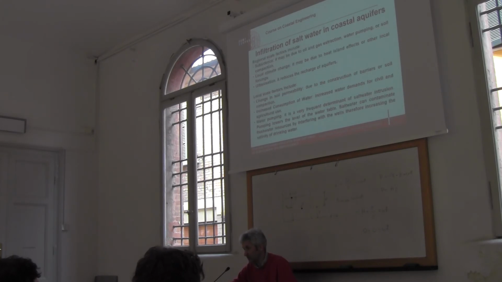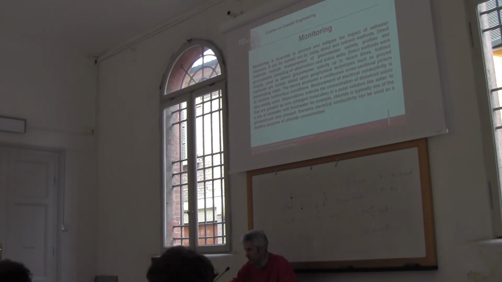So these are the factors: subsidence, local climate change, urbanization, change in soil permeability due to urbanization, or increased consumption of water pumping. We already discussed them. Now, a few words on monitoring.